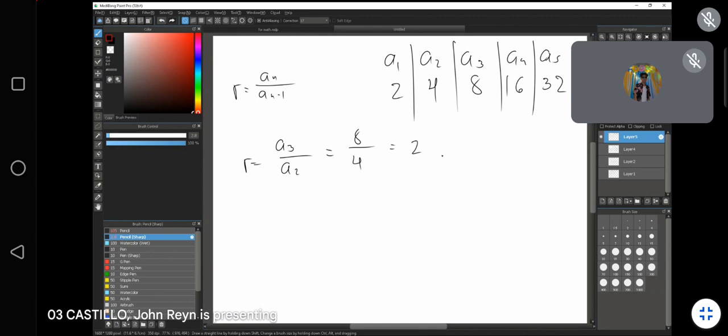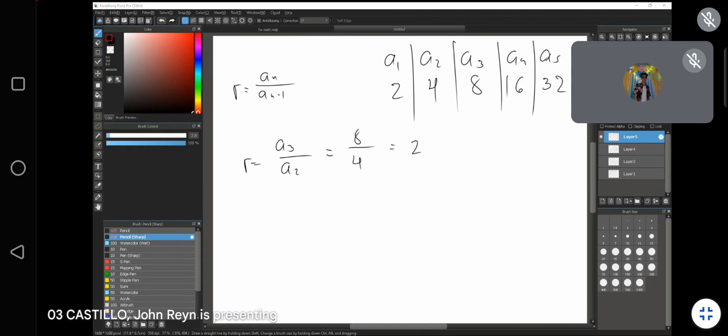Okay, can you stop there, John Rain? Because this is basic, okay? You do not dwell on the formula: R is equal to A subscript N over A subscript N minus 1.